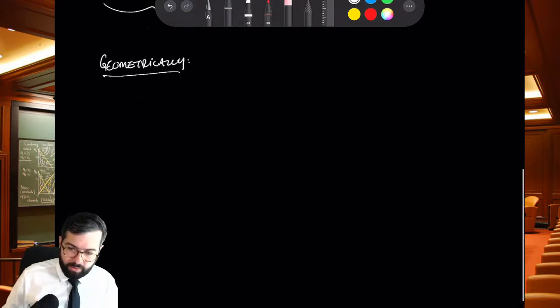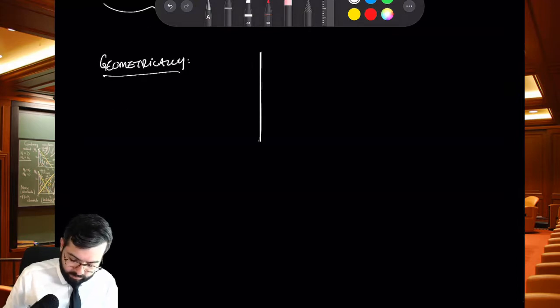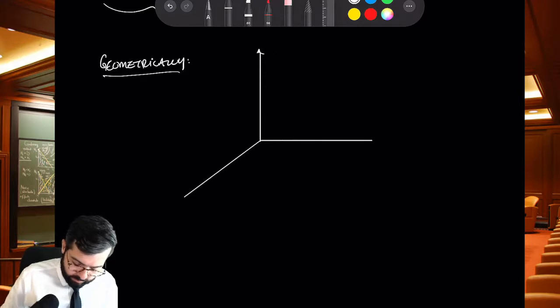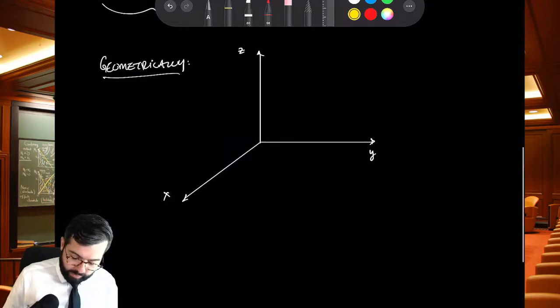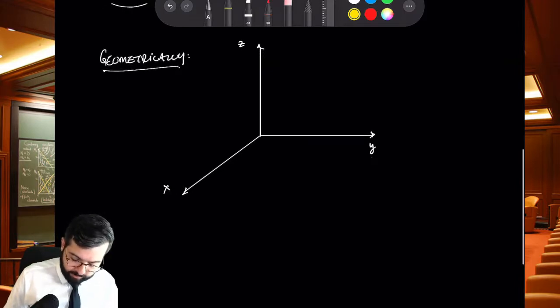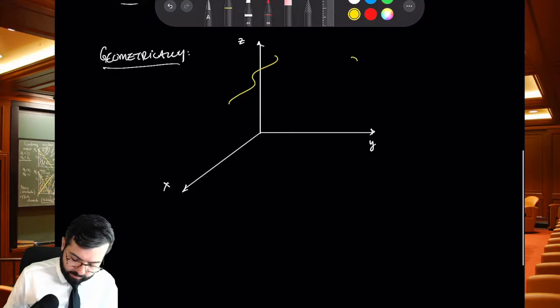So if we think about coordinate axes here, x, y, z. And let's say I've got some surface on the top, something like this.